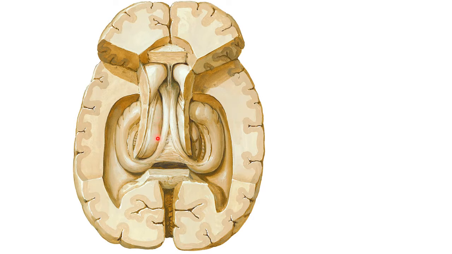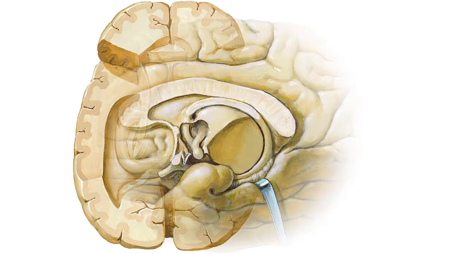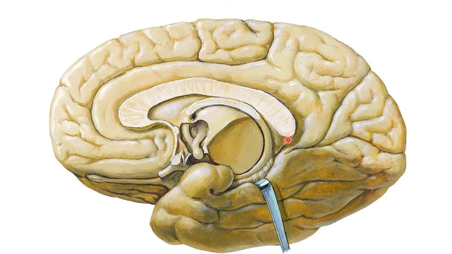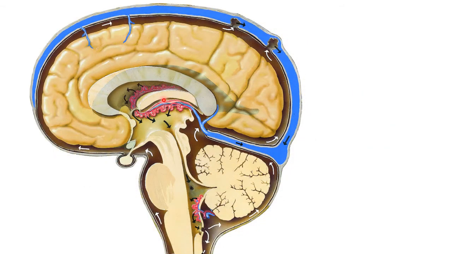Then the backward growth of the corpus callosum invades the upper part of the hippocampal formation and separates the latter into the indusium griseum above and the septum pellucidum below.